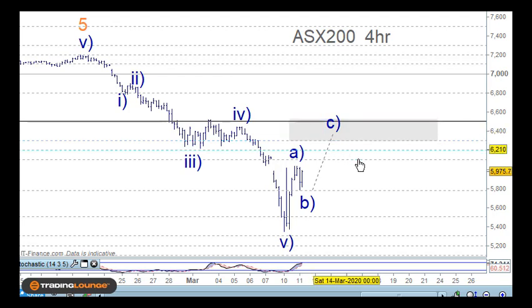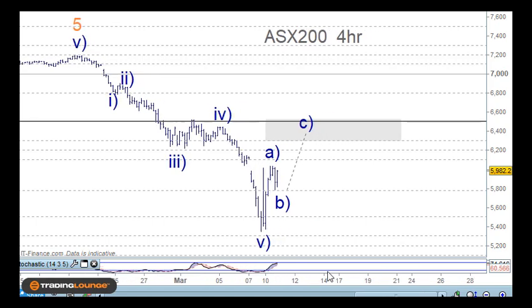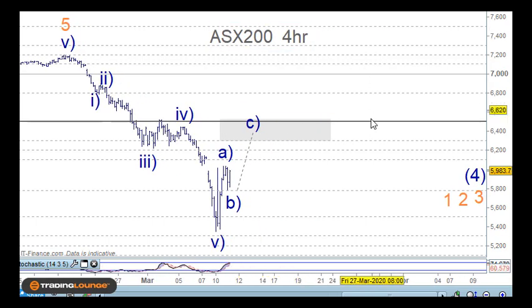Now, we've got an impulse wave here, and we'll look at that in a moment, so we should get pretty much the same over here. If for whatever reason we get support on this 6,500, a nicely tested support, that would mean the arrival, a reaction, the first high above the level, and then a corrective move here.